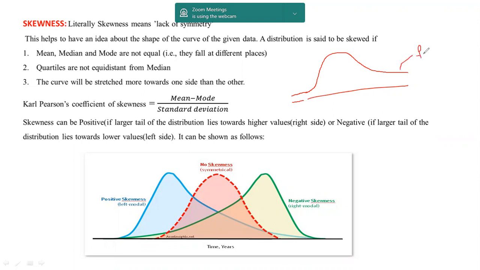This is your x-axis, which provides the x values, and this is your frequency, or y. For this x-axis, the mid value is here, which we call the mean of the x values.